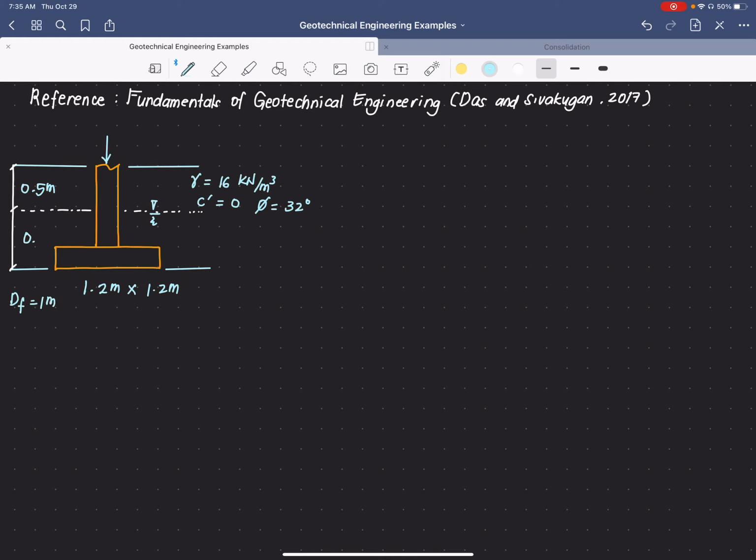And therefore, this is 0.5 meters as well. Below the groundwater table, the saturated unit weight is given to be 19.5 kilonewton per cubic meter.